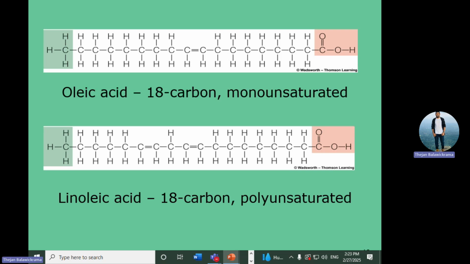Look at this. The first one, 18 carbons. That has only one CC double bond in the entire chain. That is monounsaturated. The other one, linoleic acid, is also having 18 carbons if you count.